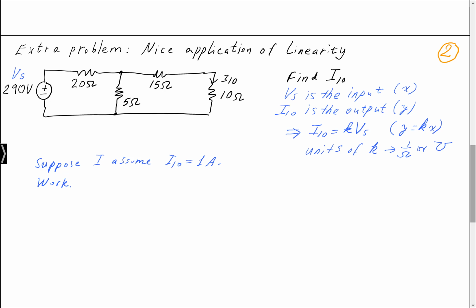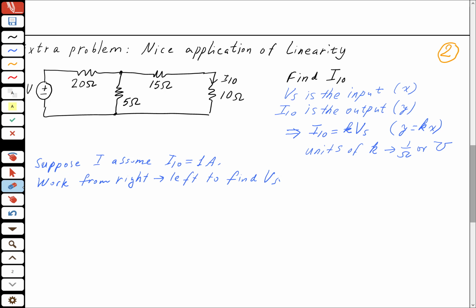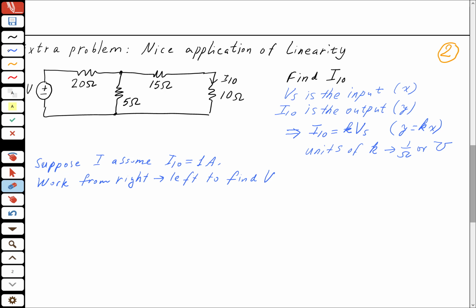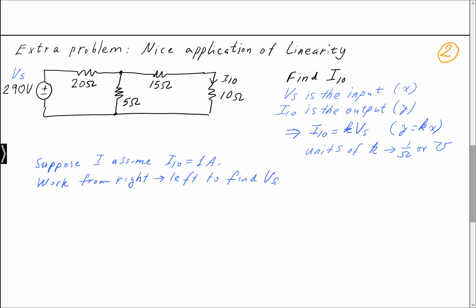Then, you'll see in a second, I can work from right to left to find the value of Vs. Let me fix that up a little bit. So if I assume I10 is 1 amp, I can work from right to left to find the value of Vs that would give 1 amp.